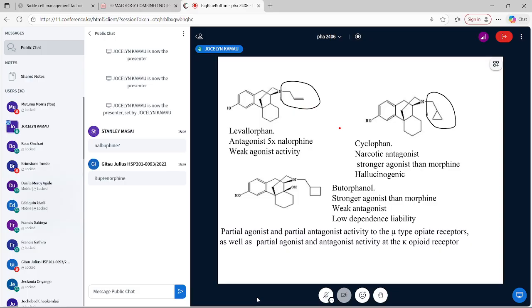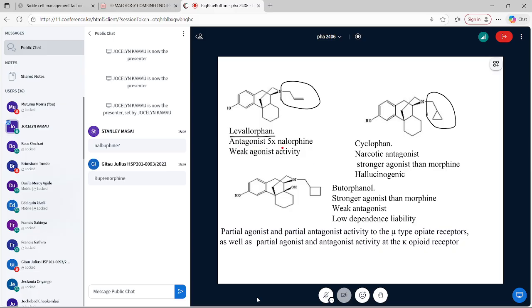So when you are looking at the morphinans and you put an allyl group there, then we have levallorphan. The compound is called levallorphan from levorphanol. When it is a methyl group with a hydroxyl group, it's levorphanol. When you put an allyl group, it's levallorphan.